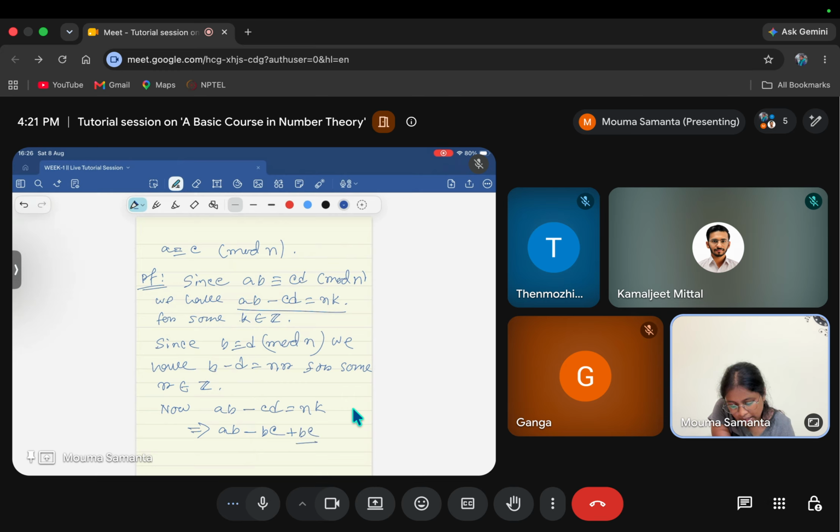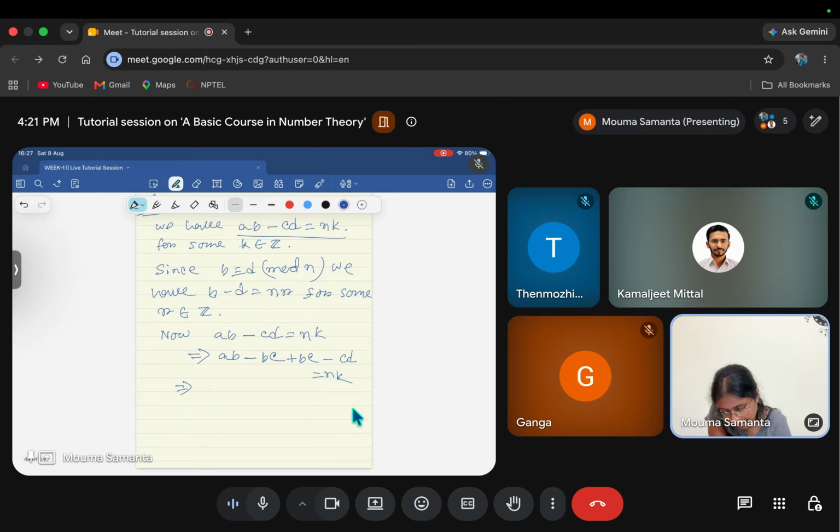Adding bc, then subtracting bc, and then cd. We are writing cd as it is, equals nk. We can write it again as b times (a minus c) plus c times (b minus d). This is equals nk.